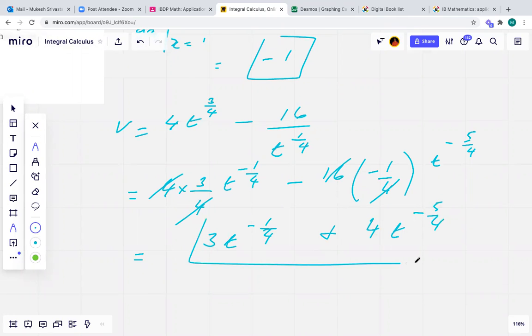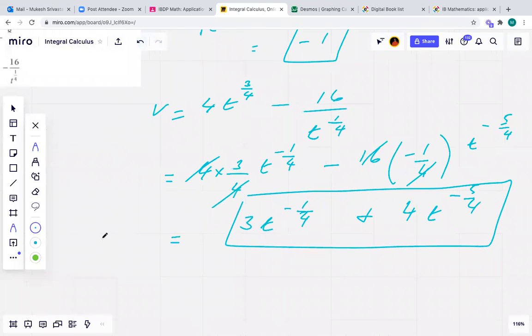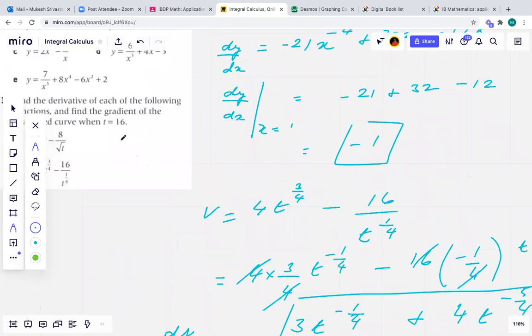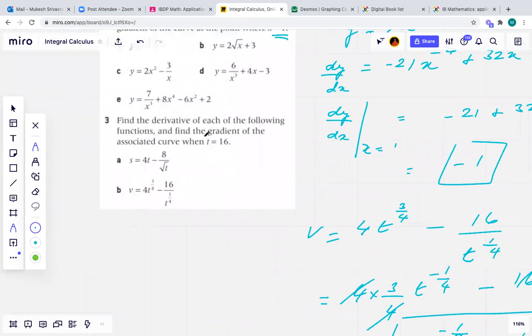This is my dv by dt. It is dv by dt, not dy by dx, because here we have got v and t. Now you want to find dv by dt at t equal to 16.